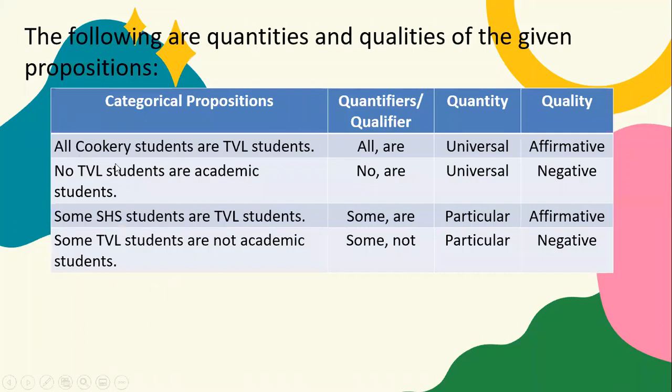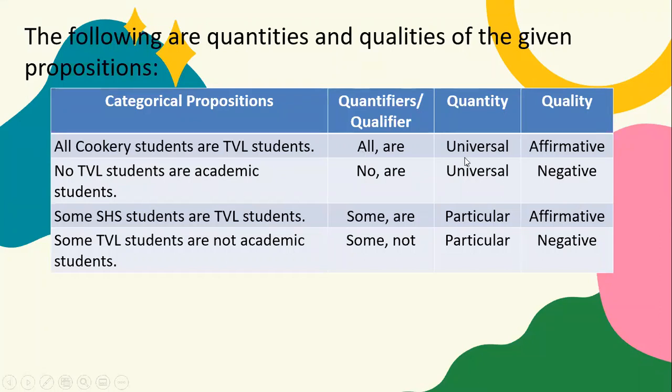Okay po? So these are examples of categorical propositions. You can see the first two are universal because the quantifiers used are all and no, with the copula or qualifier are.